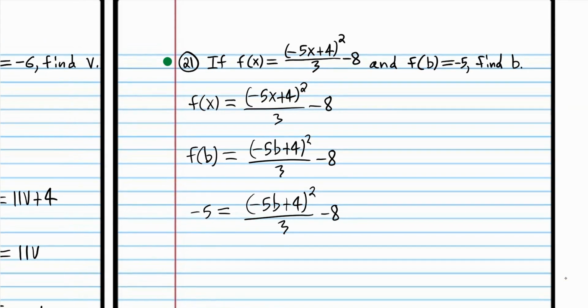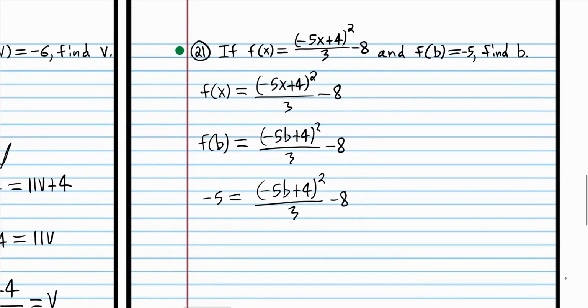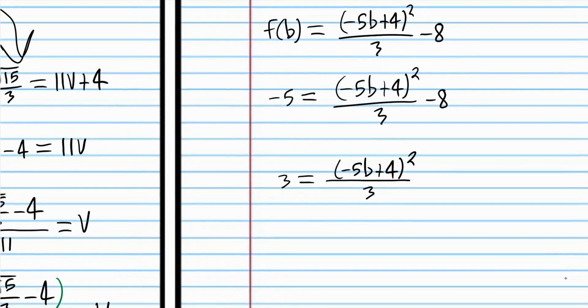And now we have an equation with a square. So we have to isolate this square, get it by itself. I'm going to add 8 to both sides of the equation, and then we're going to multiply both sides of the equation by 3.